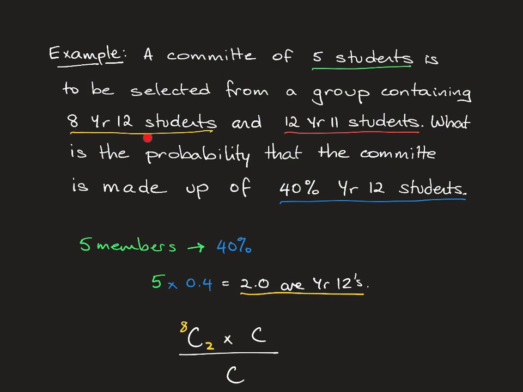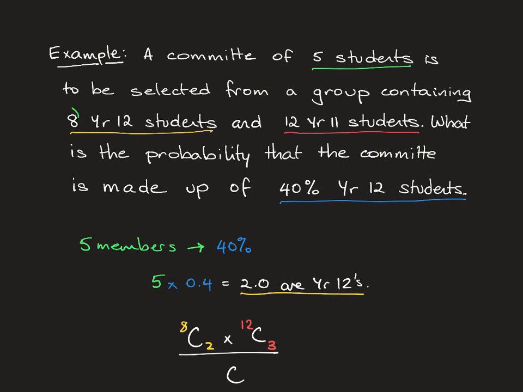So if we've got 2 Year 12s, that means our other selection is going to be from the not Year 12s. So we need to have a group of 5. So we're going to need 3 Year 11s and we have 12 Year 11s to select from. And overall, from the whole of the population, we have 20 people all up.